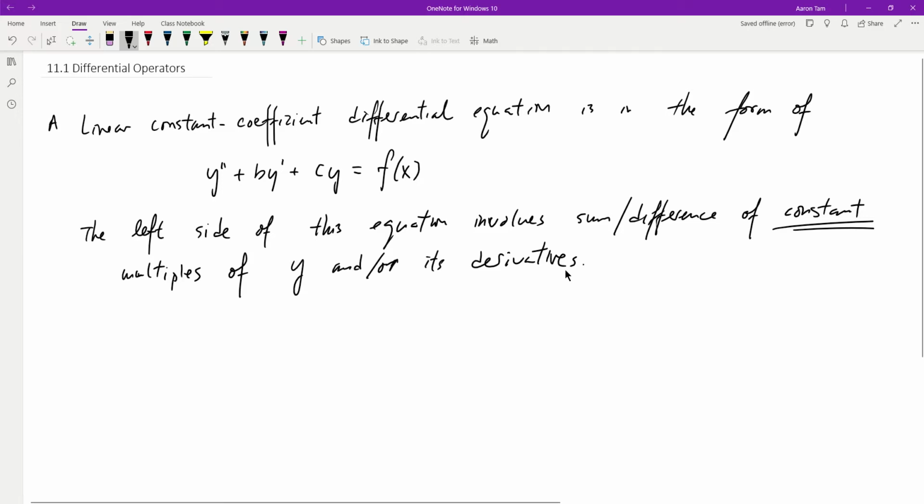So it's literally a linear combination of y and its derivatives.